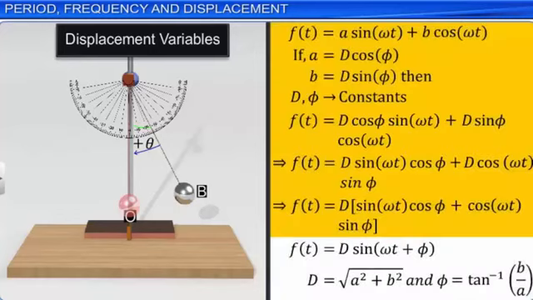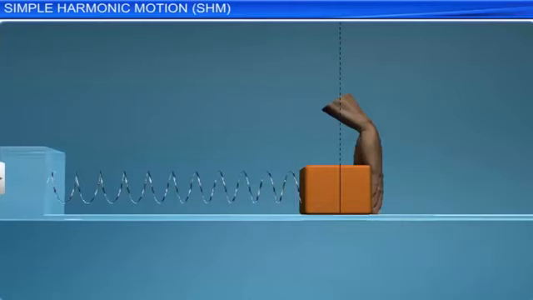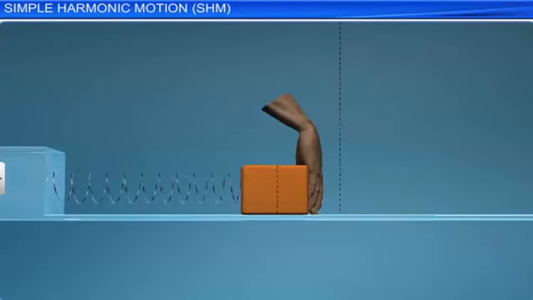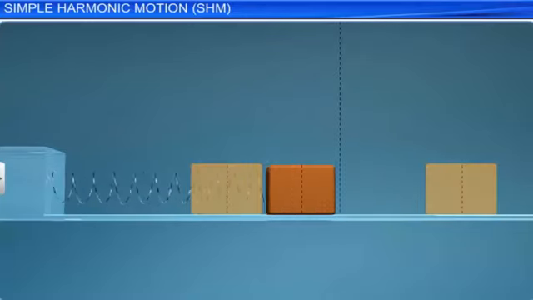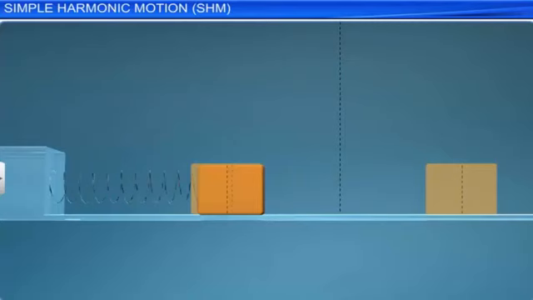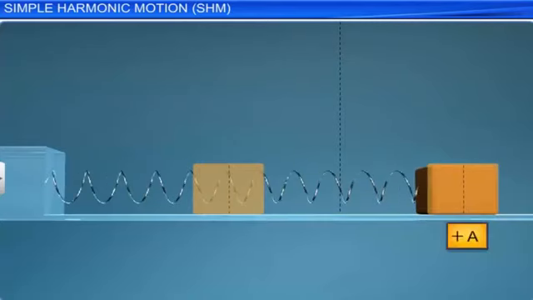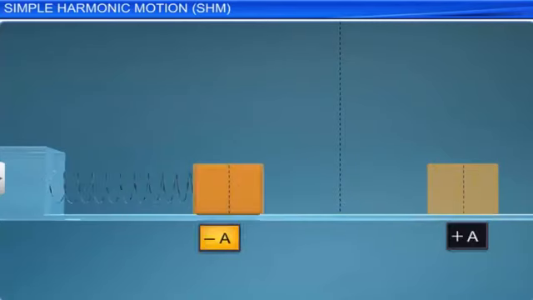Consider a body attached to a spring. When the spring is compressed and released, the body attached to it oscillates back and forth between the two extreme points, marked as +A and −A.